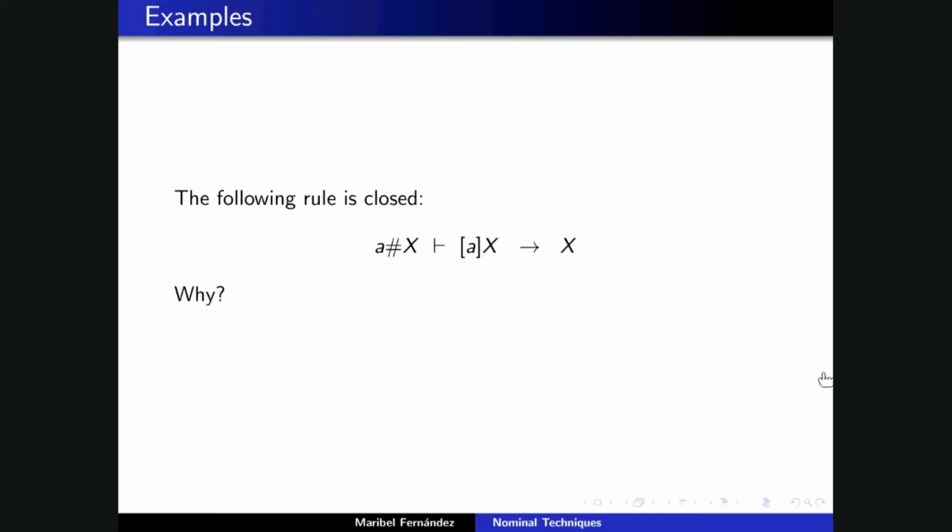It's rare. It's not often that you want to remove a binder and look at the actual atom you were using, because this is really what this rule is doing. It's saying I have a bound here. I actually want to see which atom I had, which is bizarre, because if I had an alpha equivalence class, why would I want to do that? But in nominal syntax, you can write it.